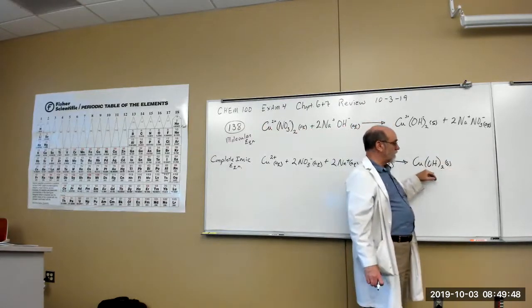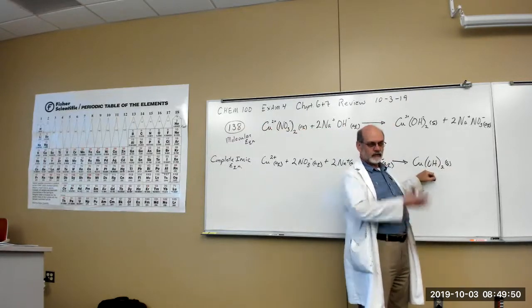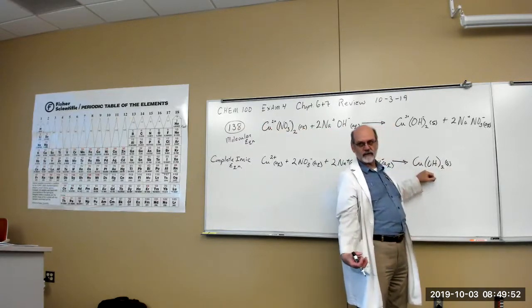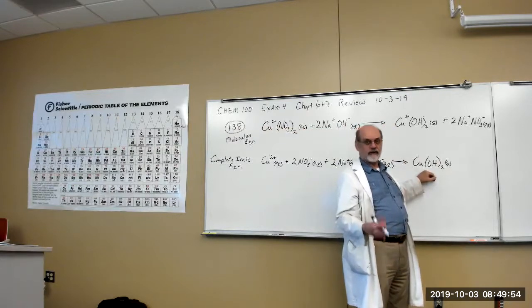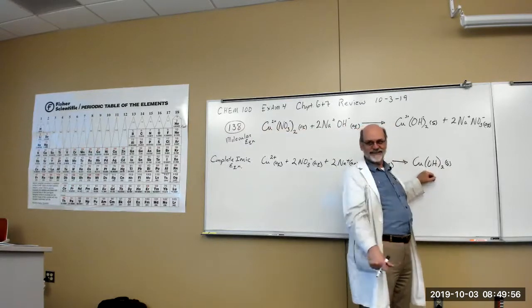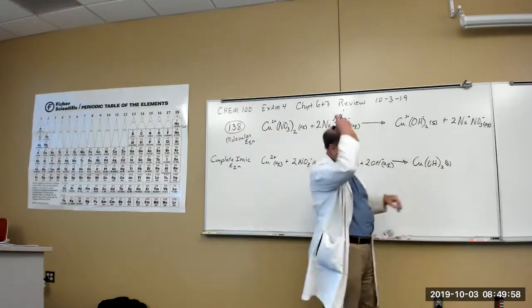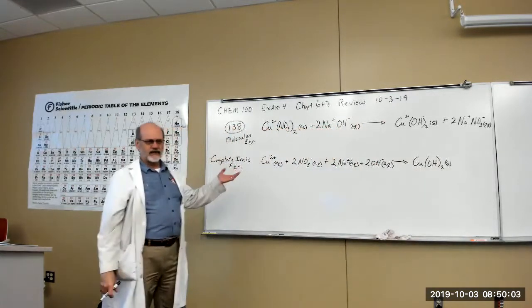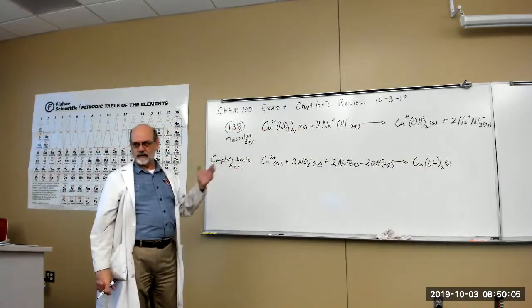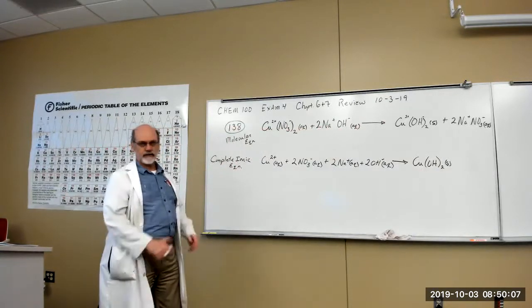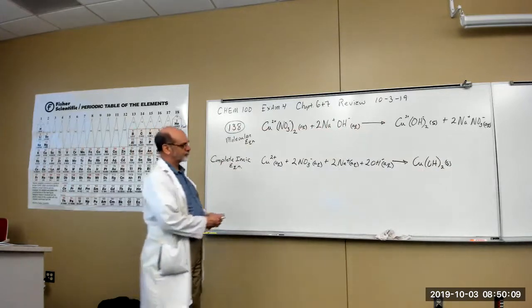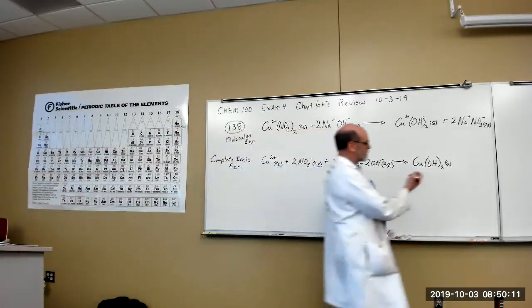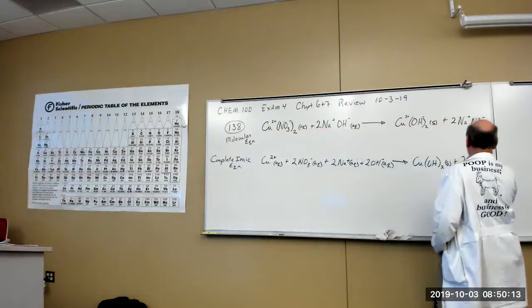This one is written over here because it's a solid. It's removing itself from the reaction environment. Gases do the same thing, only they go the opposite direction. Okay, so that's a good question. You keep the gases too. I can't think of a reaction right off the top of my head where that would be valid, but no doubt there is one. And then the others, you have 2 sodiums.